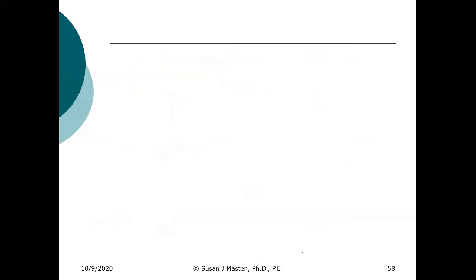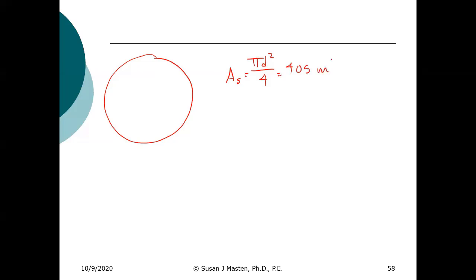Bear with me, we'll just quickly look at this. If we have a circular clarifier and said that the surface area is equal to 405 square meters, and calculate the diameter, that equals 22.7 meters.